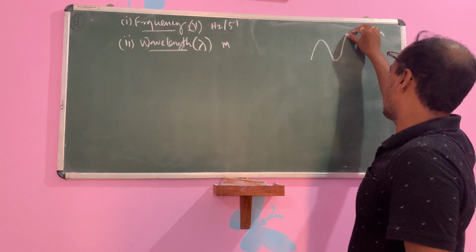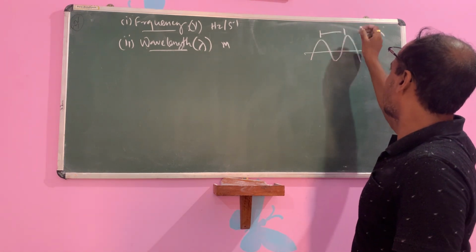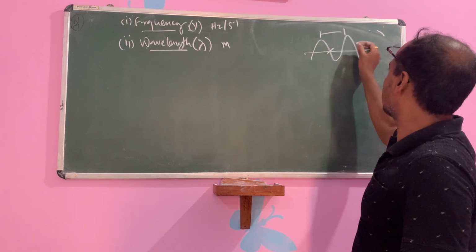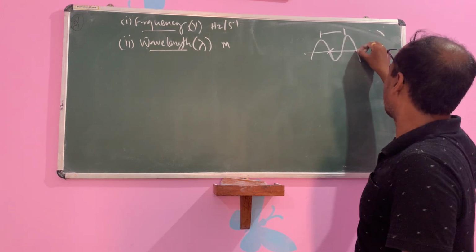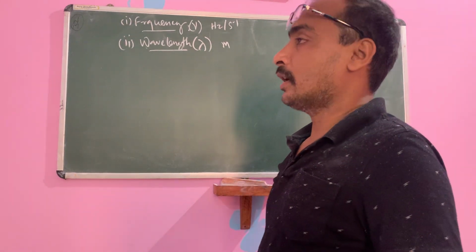You see the distance. This is your wave. This distance, or you can take this distance, this is also one wave. So these are frequency and wavelength.